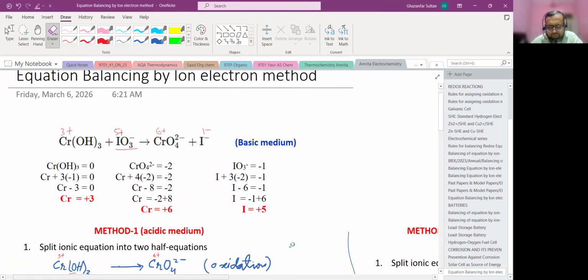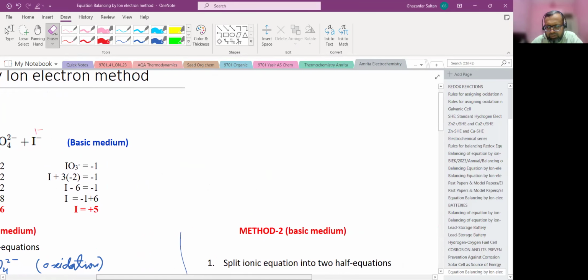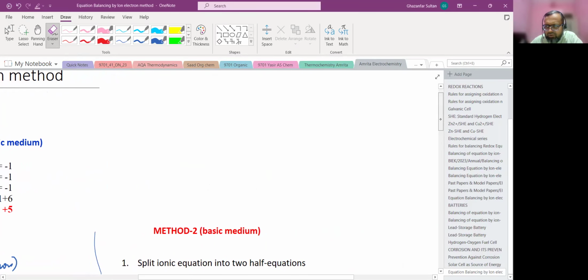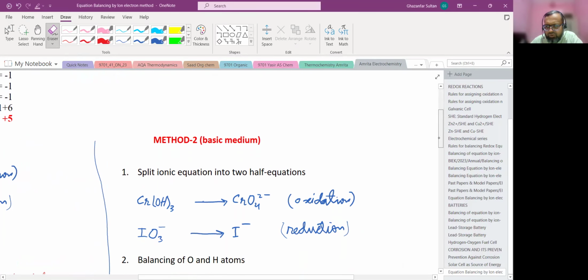So after calculating the oxidation state, again we do the same thing, that we divide the equation into half ionic equations. One is the oxidation equation and another is the reduction equation. And we have already mentioned that here chromium is 3 plus. It is going from plus 3 to plus 6.